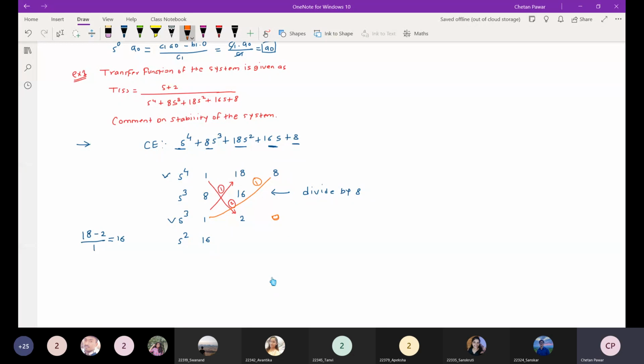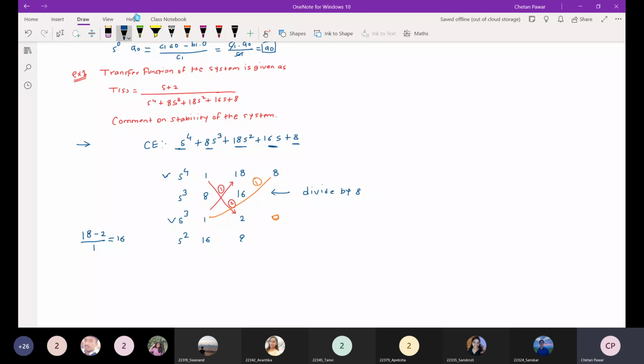So here we consider the 0 element. Now this will be the first term, 8 into 1 minus 0 into 1 divided by 1. So here I can put 8 minus 0 divided by 1. So this is the second element of this row. So I will just write it as 8.